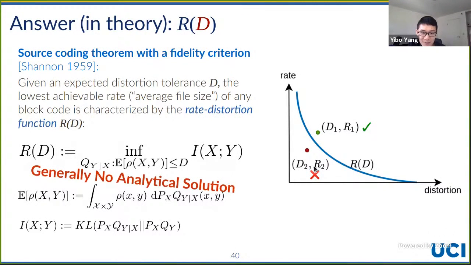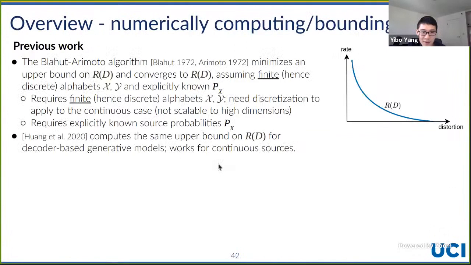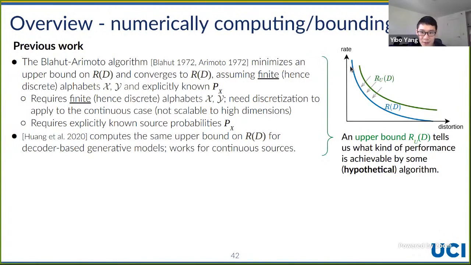But the problem with this definition is that we typically don't have a way to solve this problem analytically. So there's been a lot of effort to compute this rate distortion function numerically. And there's quite some work based on computing an upper bound on this rate distortion function.